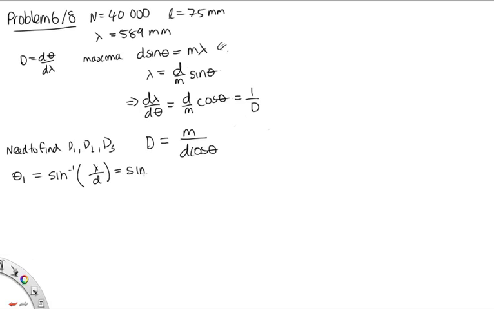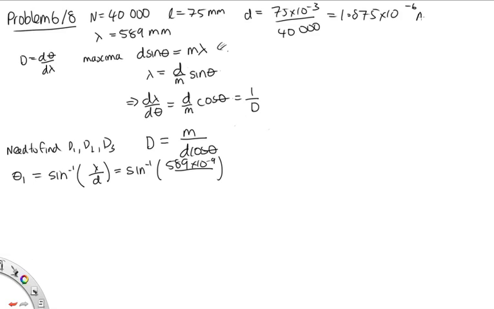So this is the inverse sine of 589 times 10 to the minus 9 over d, which is the spacing between the lines. So d will be equal to 75 times 10 to the minus 3 over 40,000, which is equal to 1.875 times 10 to the minus 6 meters. So this is over 1.875 times 10 to the minus 6.